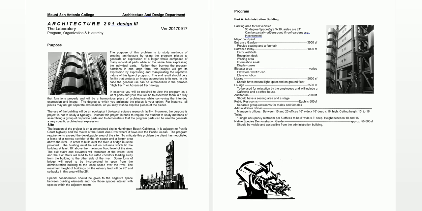After you have done a thorough analysis of the document and you understand all of the written and quantitative components, the next thing I want you to do is a graphic program analysis. A graphic program analysis shows the relationship of the areas that you're being requested to do on the site.